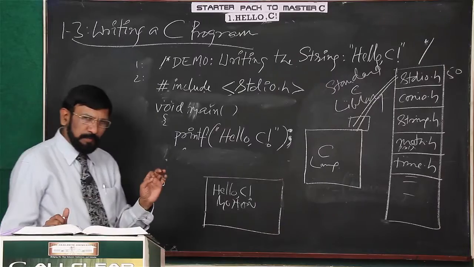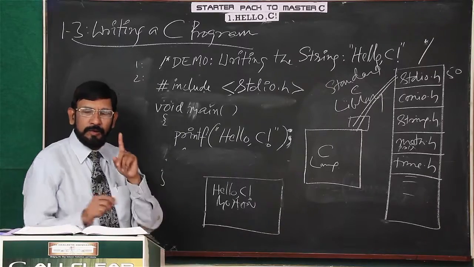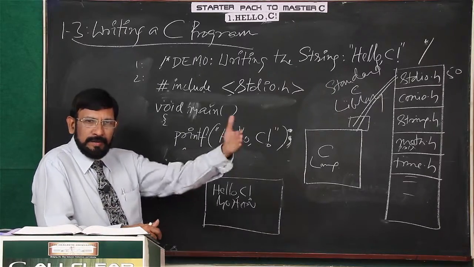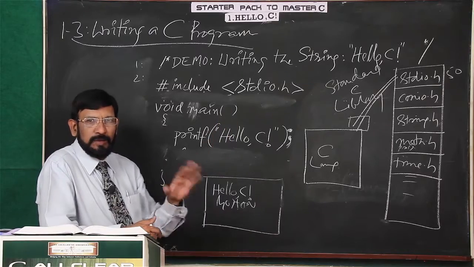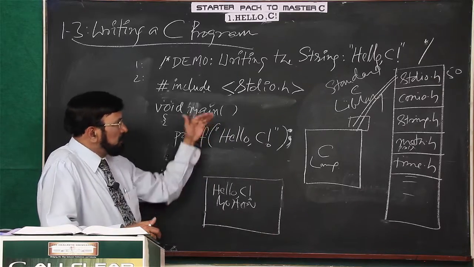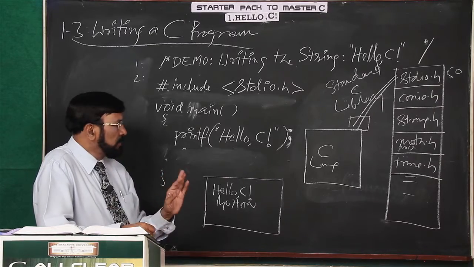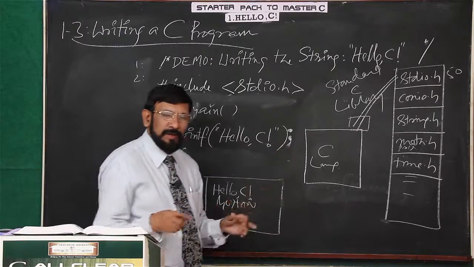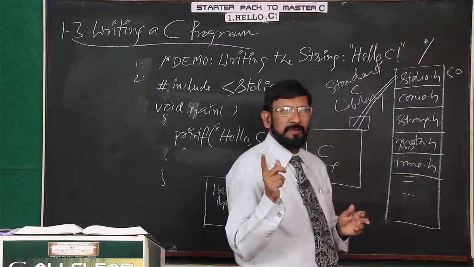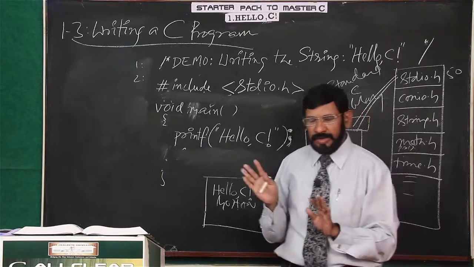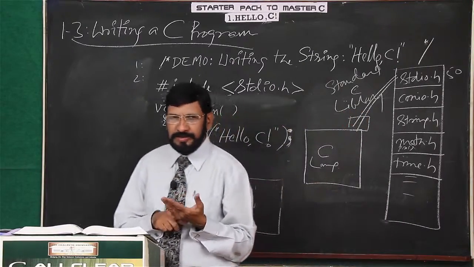If you make even a simple mistake, then your program is not compiled and you get an error report. That's why from the beginning, while writing code, carefully observe and remember, and never forget. Always observe case sensitivity.